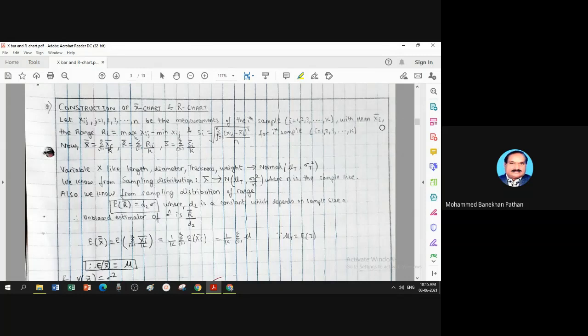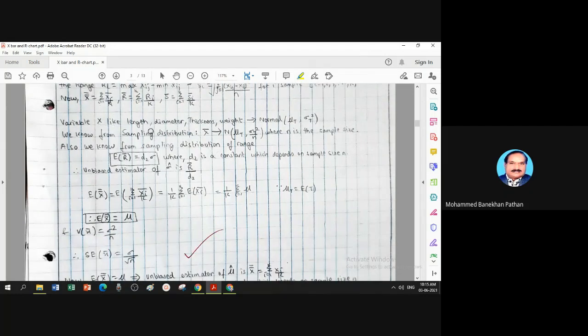X bar i dot is the sample mean. Ri is the sample range. Si is the sample standard deviation. X double bar is the overall mean. R bar is the overall mean for the range. S bar is the overall standard deviation. So these are all calculations based on the sample data.